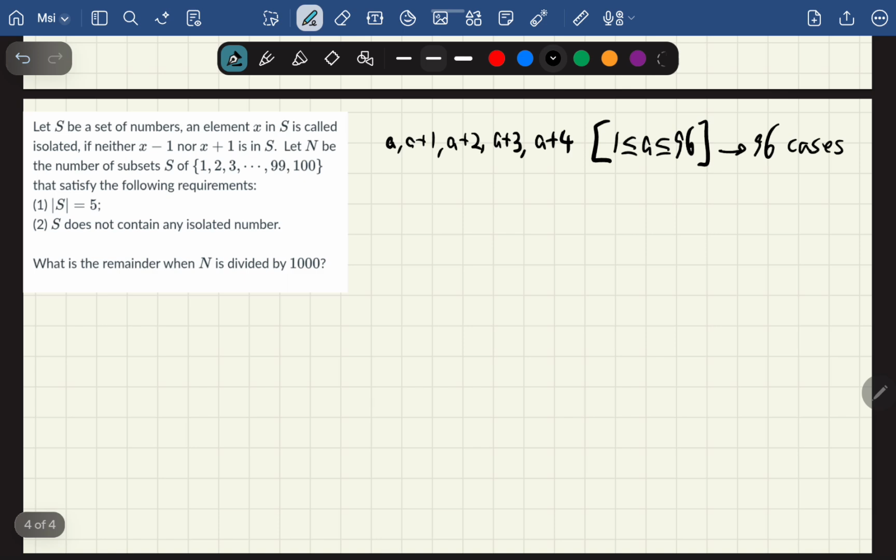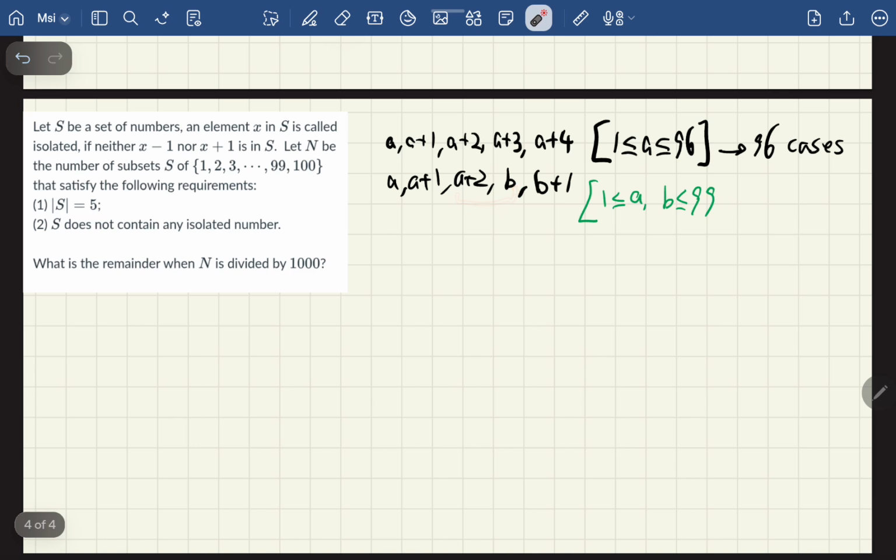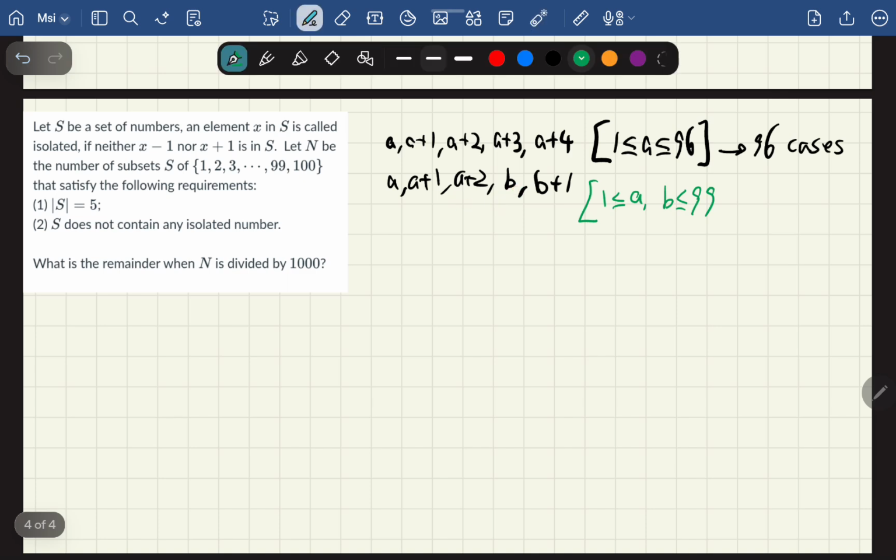The next case is if you have a, a plus 1, b, and b plus 1. The situation here is that 1 is less than or equal to a, b should be less than or equal to 99, and these two pairs should differ by a number greater than 1, meaning a plus 1 plus 1 is less than b.